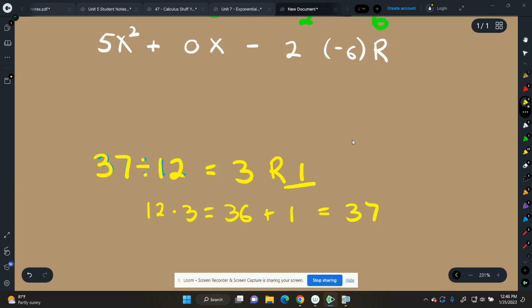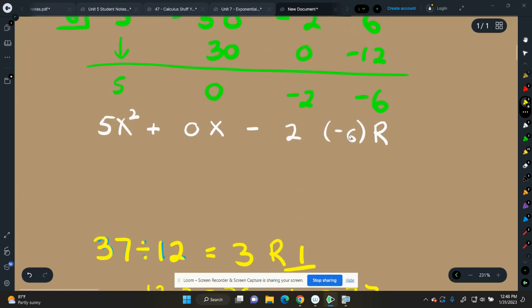Now let's go back up here and look at what we just did. We just did 5x to the third minus 30x squared minus 2x plus 6. We divided by x minus 6.